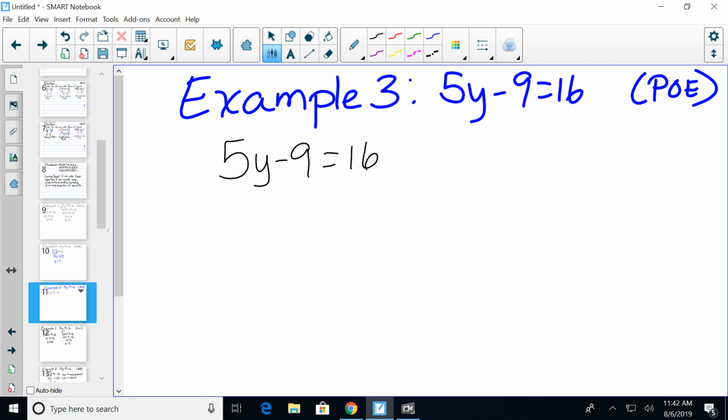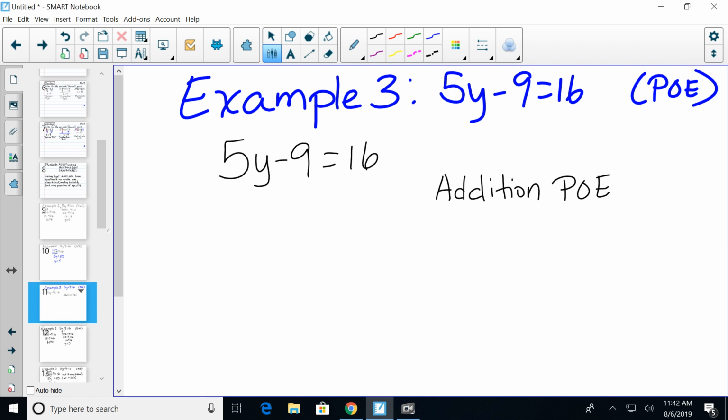All right, so what's the first property I'm going to use? You gotta add 9 on both sides. So what's the property? Addition property of equality. Everybody say addition property of equality. So in order to move to the next step, I must use the addition property of equality. And what told me that?